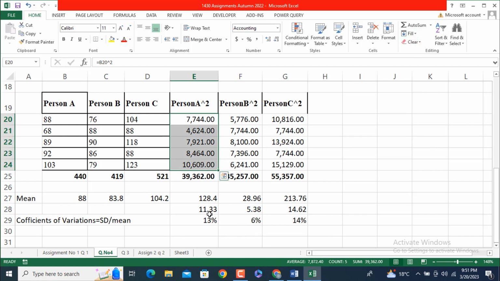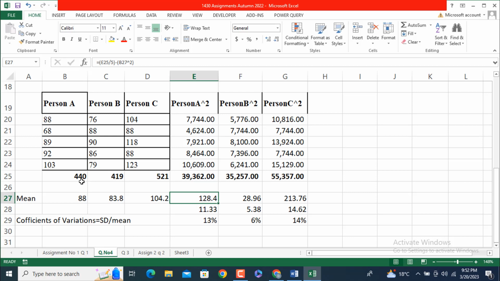Here I am going to use a formula. This is not the mean; you can say this is the standard deviation. I will take this summation x square, divided by the number of observations, which is equal to 5 and is denoted by n, minus summation x over n whole square, which is the mean.